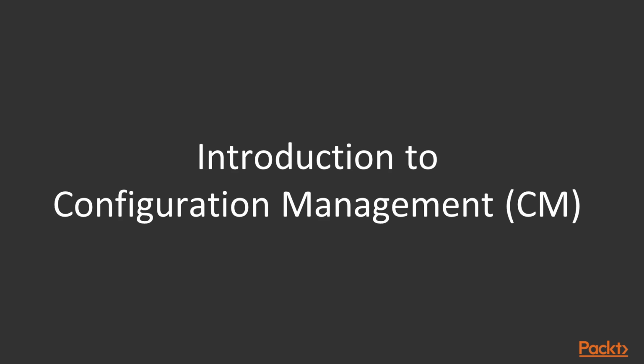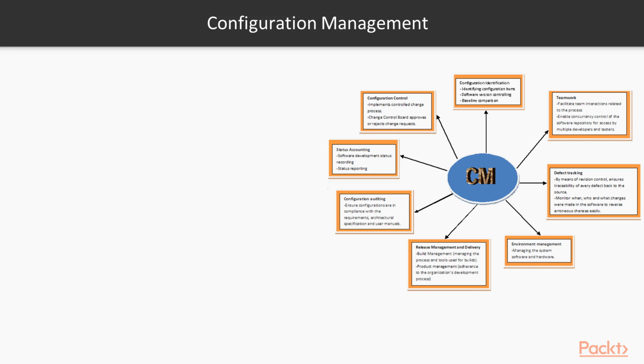Introduction to configuration management. In configuration management, what actually happens is, in the beginning, you install your machine. For example, you are installing a Linux machine, it will come up with a standard configuration. After that, you need to make that machine either a web server or a DNS server or a mail server, application server.